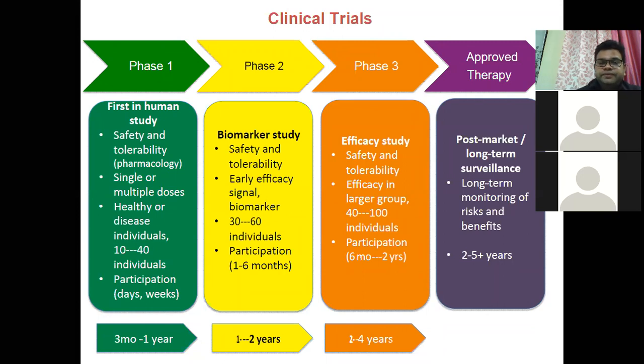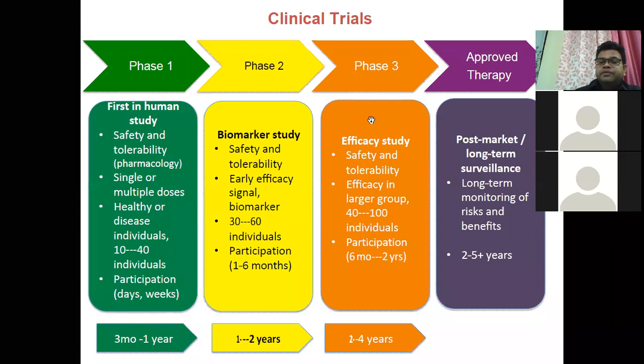In phase 2, this is called a biomarker study. It looks at safety and tolerability, early efficacy signal, and biomarkers, with 30 to 60 individuals, and participation will be 1 to 6 months.